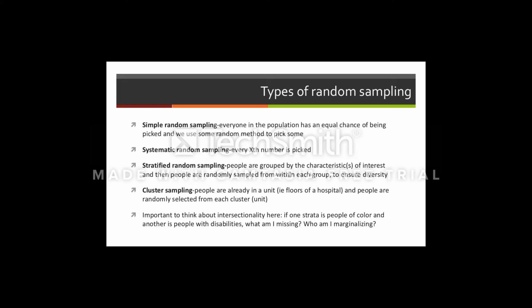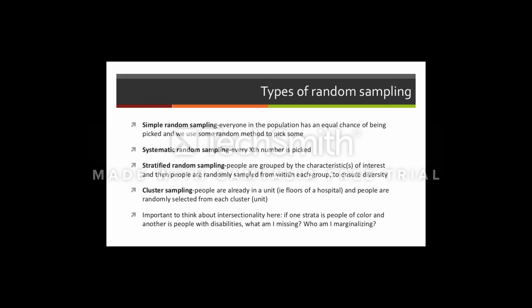Two kinds of random sampling that group individuals and then pick from within those groups are stratified random sampling and cluster sampling. Stratified random sampling means researchers group people by a characteristic of interest.